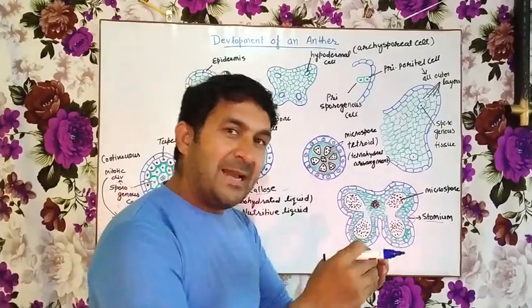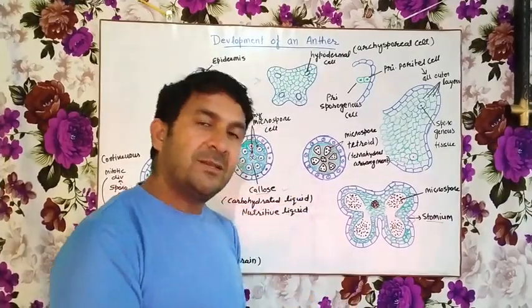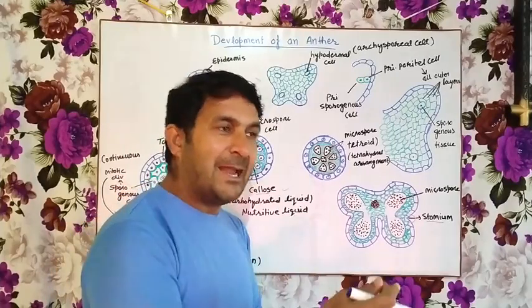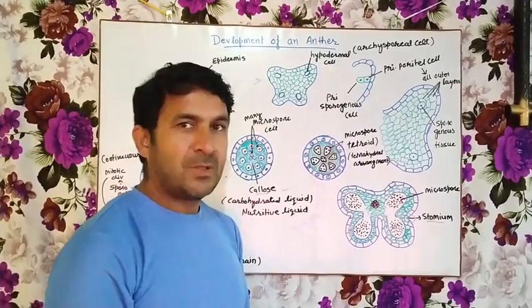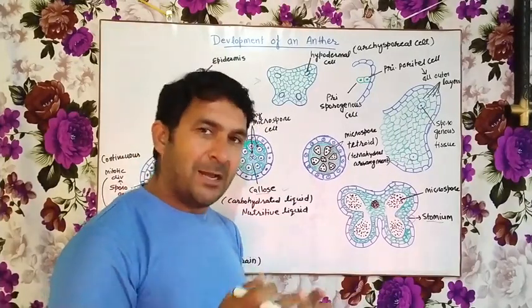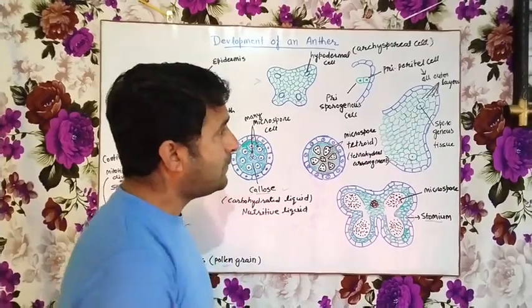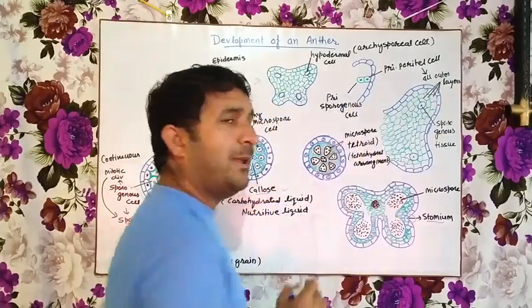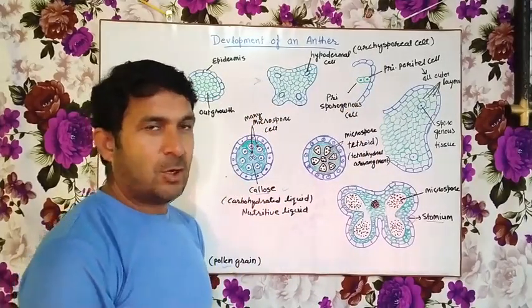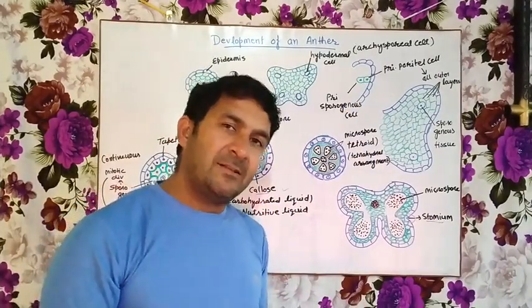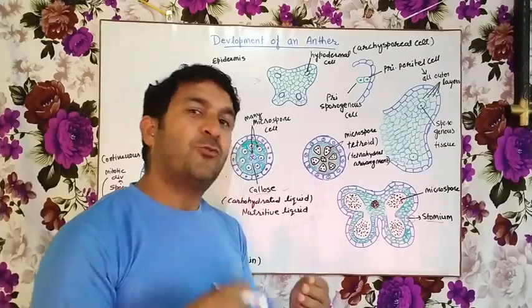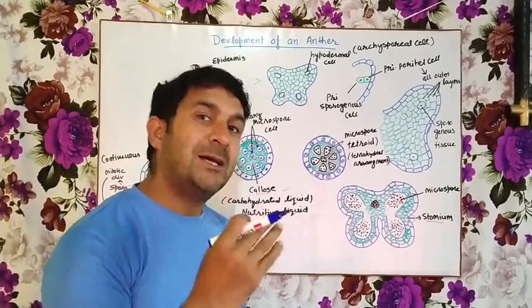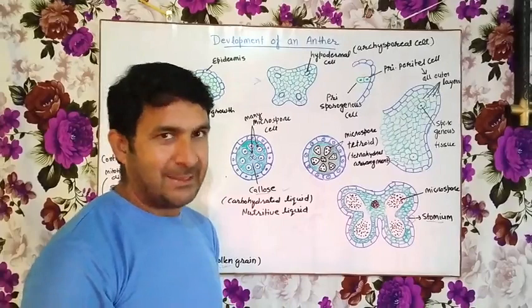Okay, inside the endothecium, 2 to 6 middle layers, and inside it, the tapetum. The different types of tapetum I taught you there. Okay, so all these layers develop from the primary parietal cell, or you can say the primary parietal cell is responsible for the development of all the layers of the anther. Okay.